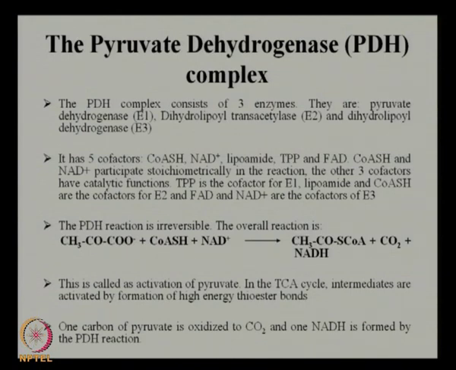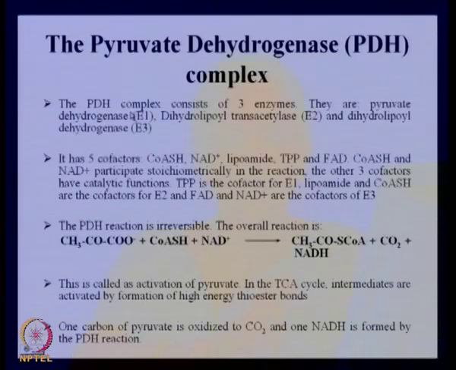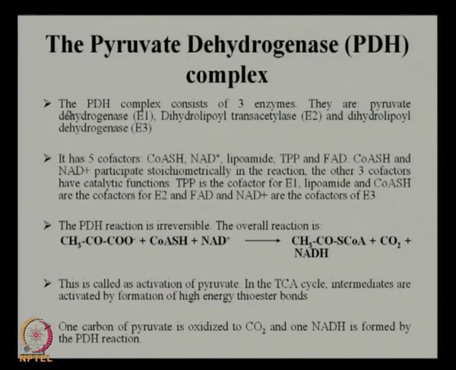Now, if we sum up the pyruvate dehydrogenase complex, as I have already mentioned, it consists of 3 enzymes: pyruvate dehydrogenase E1, dihydrolipoyl transacetylase E2, and dihydrolipoyl dehydrogenase E3. It has 5 cofactors and coenzymes: coenzyme A-SH, NAD, lipoamide, TPP and FAD.